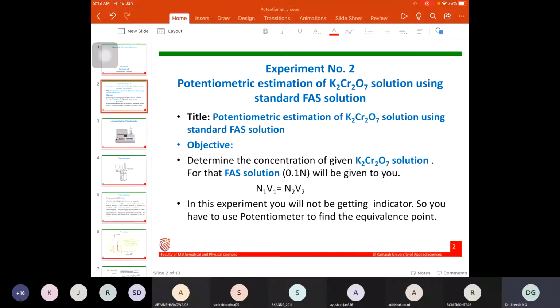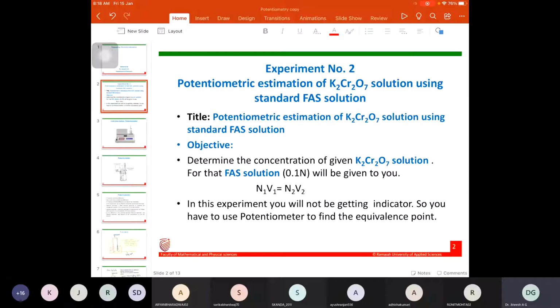That is the major difference between the previous experiment and the present experiment. To determine the concentration, you have to perform a titration. For that titration, we require ferrous ammonium sulfate solution with known concentration.